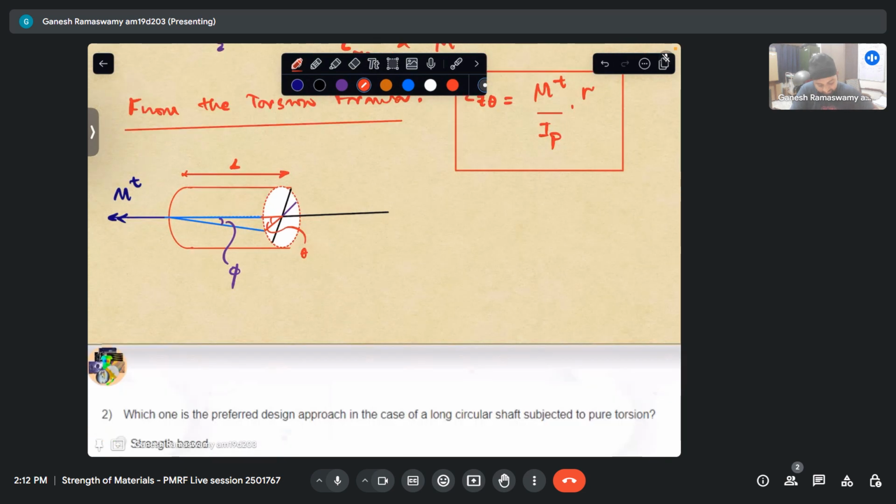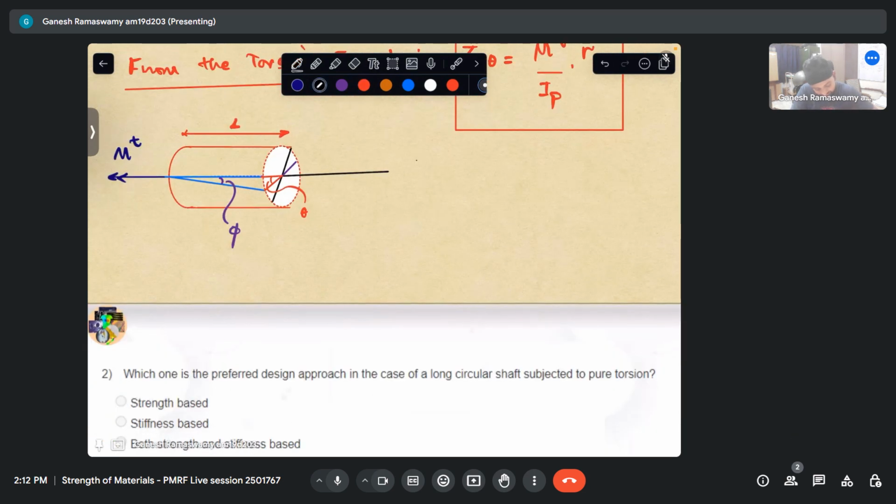then the shear strain is given by R. It will be this distance by the length. And what is this distance? It is nothing but R theta. If this is R in a circle, if this is the radius and this is theta, then the length of the arc is nothing but R theta.